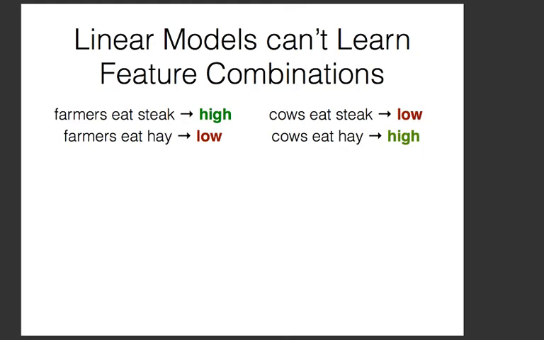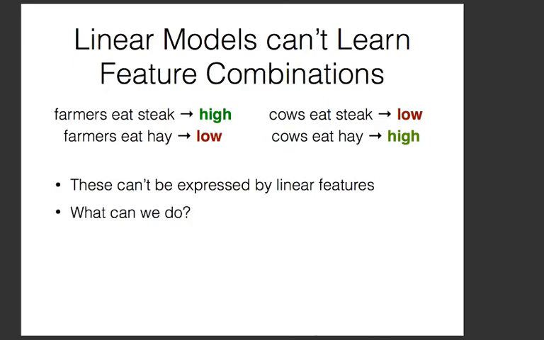So you can see that there's an interaction between not just farmers and steak, two positions apart, but actually it has to be farmers eat and steak, and cows and eat and steak, etc. So these cannot be expressed by linear features trivially.